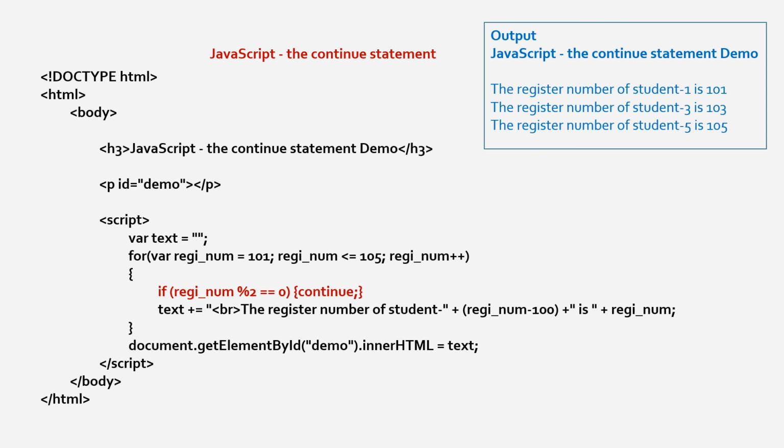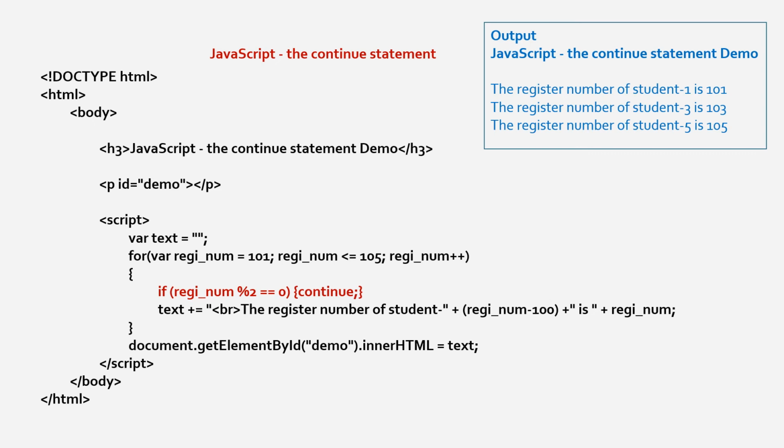Let us see an example of the continue statement. Same register number printing code we can consider, and in between I have mentioned one condition: register number modulus 2 is equal to 0. That means even numbers.